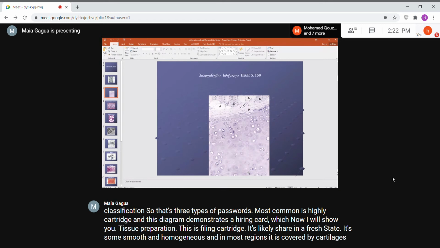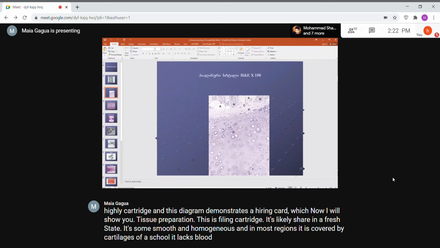Cartilages are avascular. It lacks blood vessels, nerves, and lymphatic vessels.